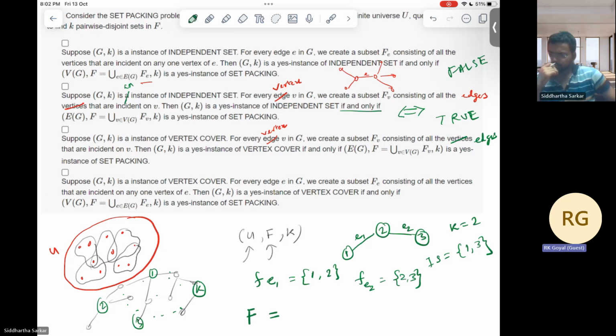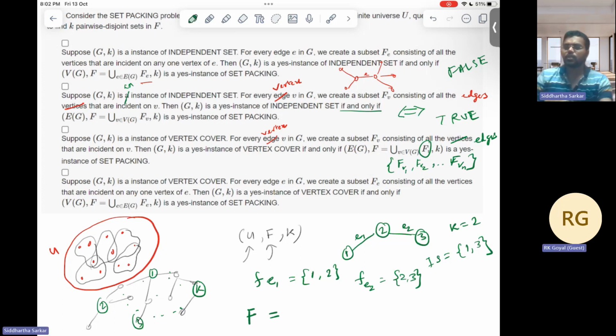It's comma separated. For every vertex you have an FV. Now you have FV1, FV2, up to FVN, however many vertices there are. So this is not a union.